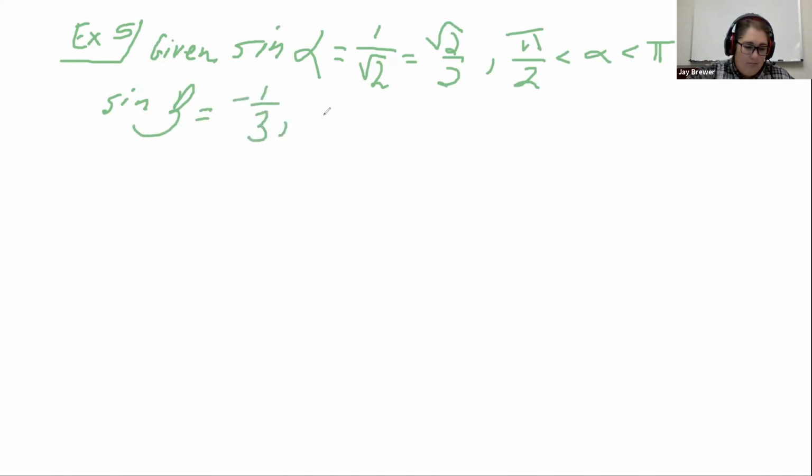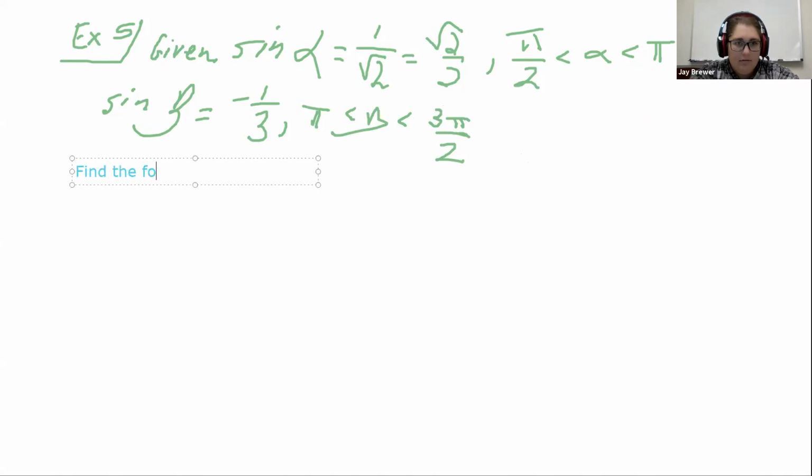And we have the restriction that pi is less than beta, which is less than 3 pi over 2. Then they say find the following exact values.